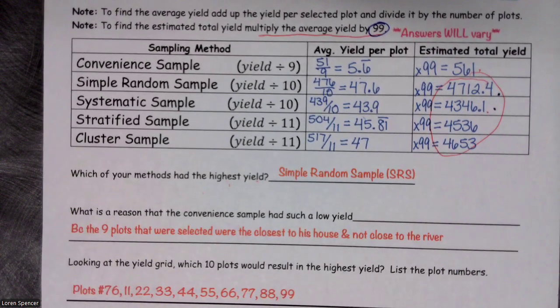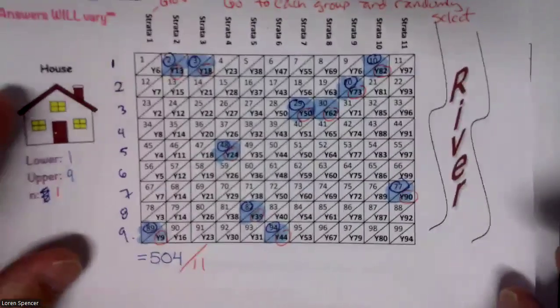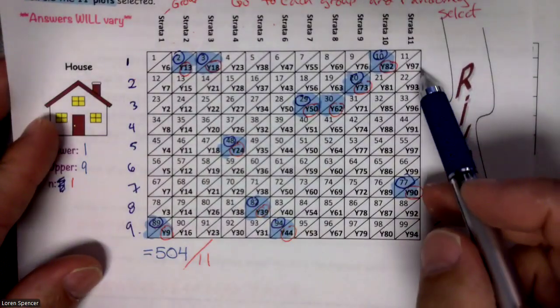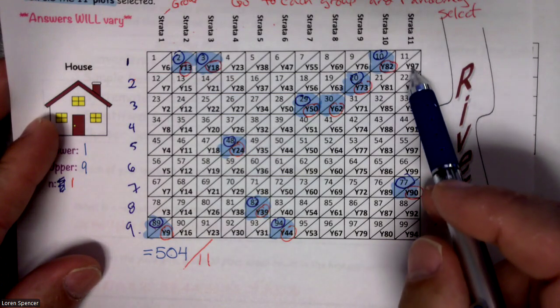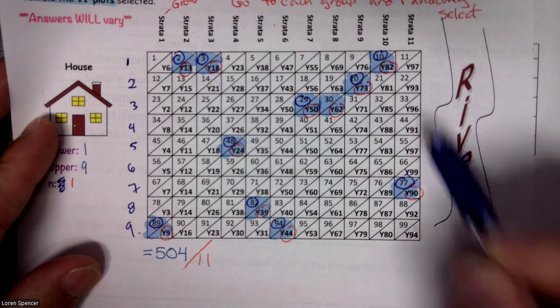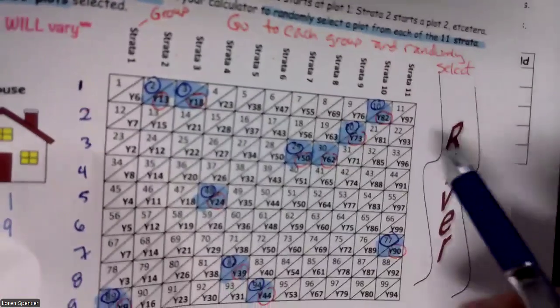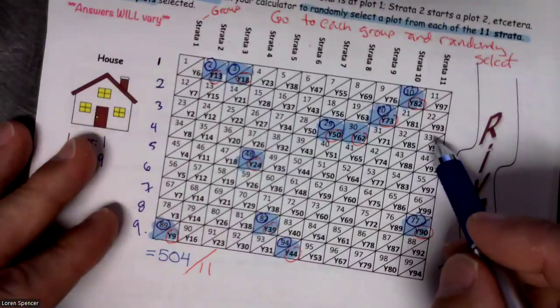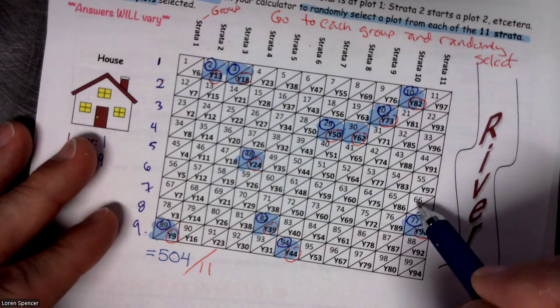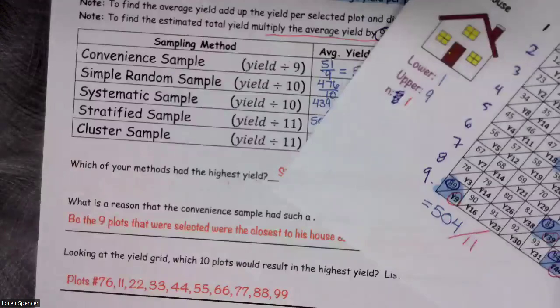Then it says, looking at the yield grid, which 10 plots would result in the highest yield? So it doesn't matter which yield grid we look at, which one had the highest yield. Well, when I look at this, I go, 97 is high, 93. It looks like those closest to the river had the highest. So that would be plot 11, 22, 33, 44, 55, 66, 77, 88, and 99.